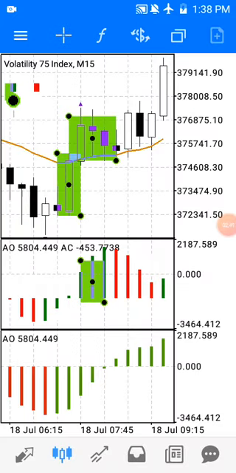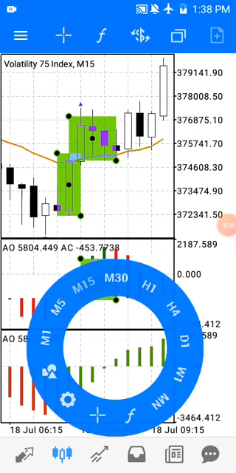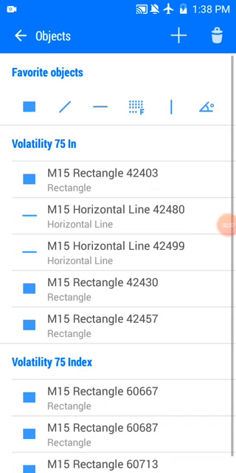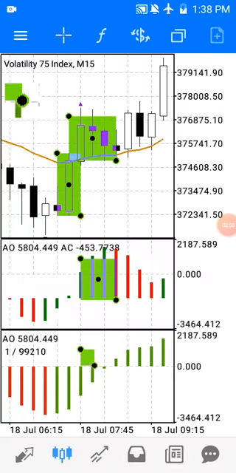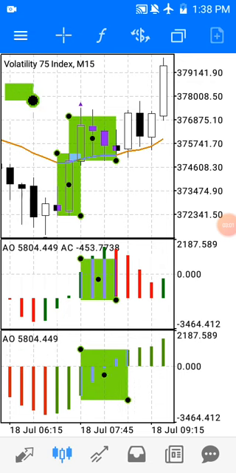The 3 accelerator oscillator bars, they are showing green color around here. That's a buy confirmation. Additional buy confirmation is on indicator window 2. You also have 3 green colors. That shows you can buy Volatility Index 75 on 15 minutes time frame.